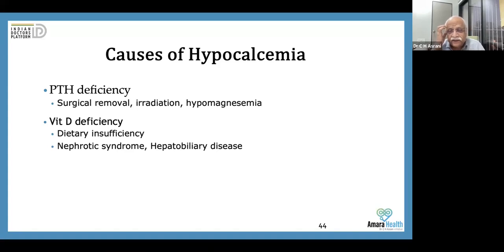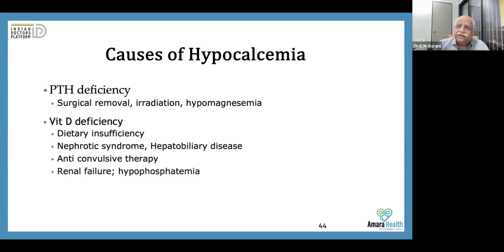Then nephrotic syndrome and hepatobiliary disorders, chronic, also lead to vitamin D deficiency and then hypocalcemia. Anticonvulsive therapy, anti-epileptic drugs also lead to hypocalcemia via vitamin D deficiency. So, vitamin D deficiency, renal failure, hypophosphatemia.